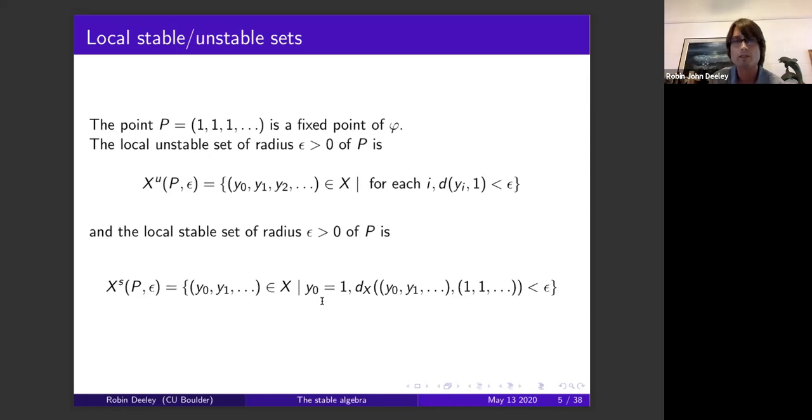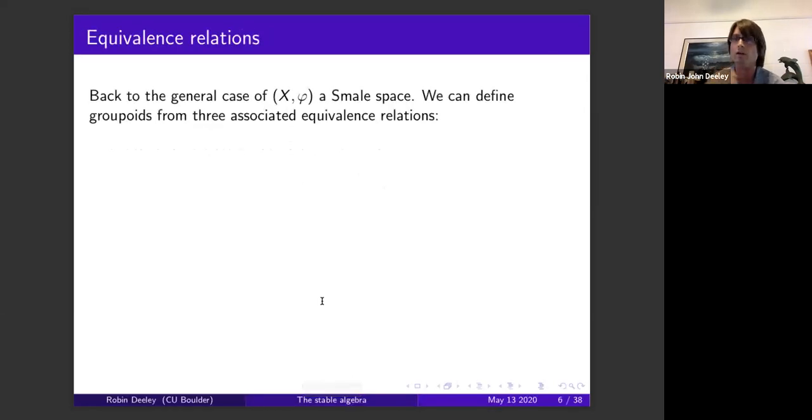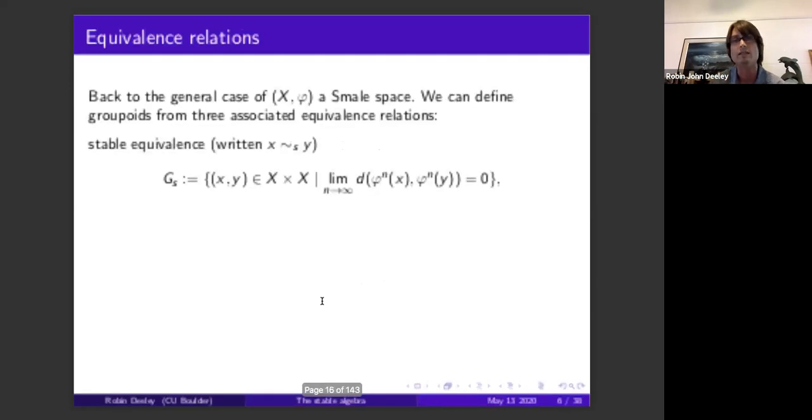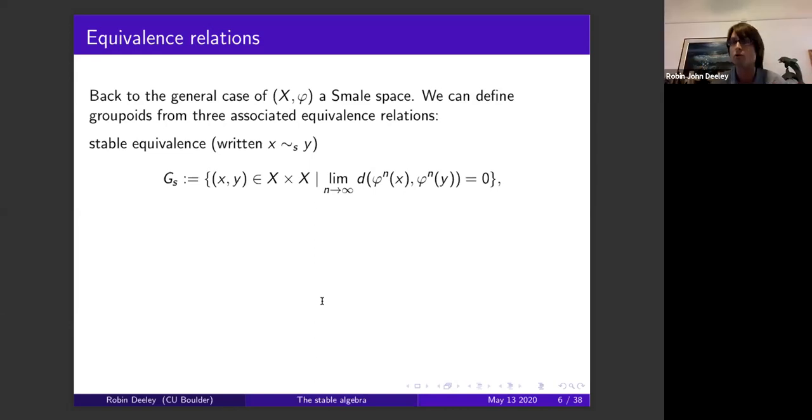Okay, so let's return to the general situation of a Smale space. And really, you could define these relations that I'm going to define for any homeomorphism. What the Smale space definition is getting us is that these will actually be interesting relations. So the first definition is stable equivalence, which is certainly natural enough based on what I just described, these points getting closer and closer to the point 1, 1, 1, 1, 1.